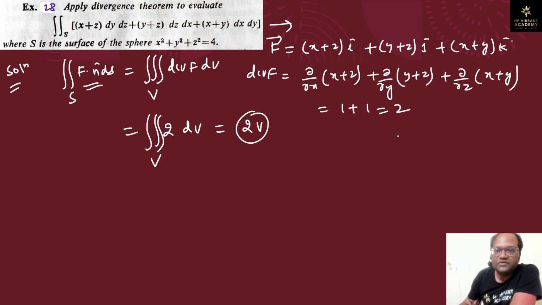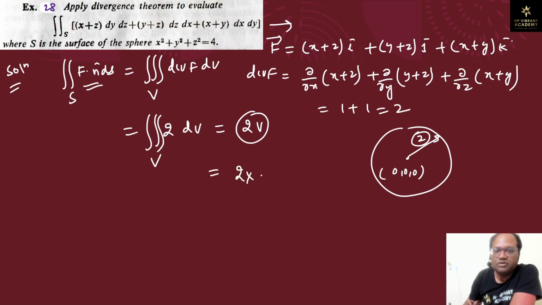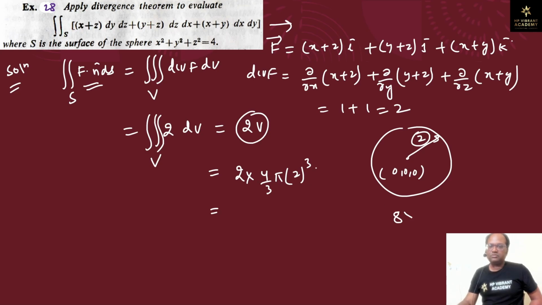S is the surface of a sphere having center 0, 0, 0 and radius 2 units. So we have 2 times the volume, which is 4 by 3 pi into 2 cube. This is 8 into 8, so 64 pi upon 3 is the answer.